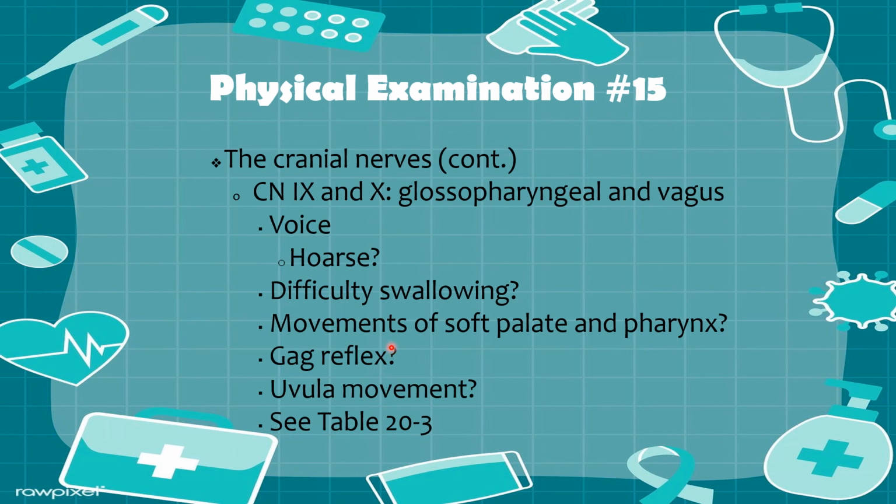Difficulty swallowing could suggest pharyngeal or palatal weakness. Ask the patient to say ah or to yawn as you watch the movements of the soft palate and pharynx. The soft palate normally rises symmetrically. The uvula remains in the midline and each side of the posterior pharynx moves medially, like a curtain.